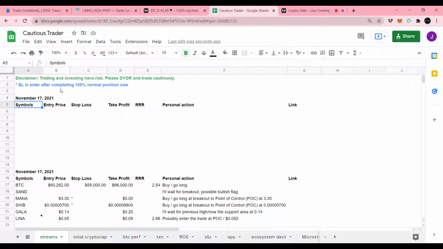But as I've mentioned, when I'm trading futures, normally I do it in tranches. So sometimes you might not see any stop loss here, but once I reach the 100% normal position size, the stop loss should automatically be there. Normally I'm using market stop loss.